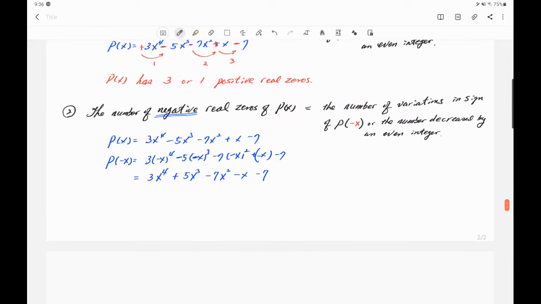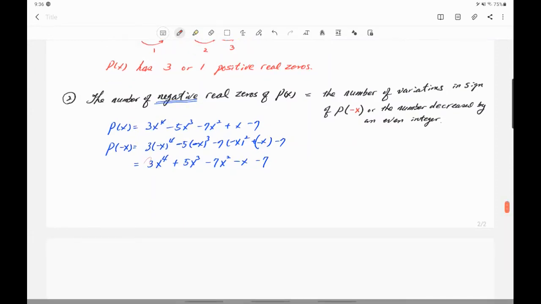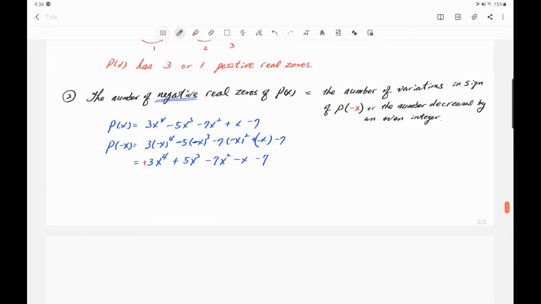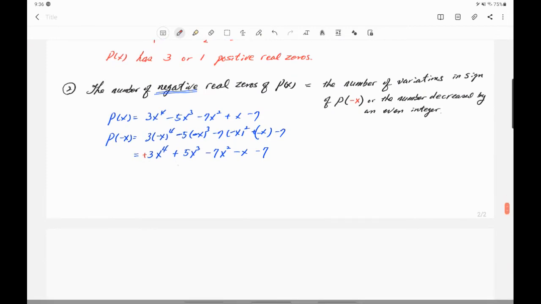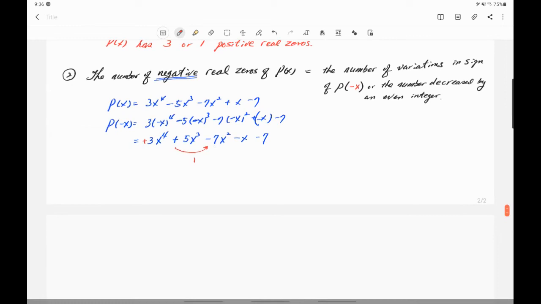So we just rewrote the polynomial by substituting negative x, and now let's count how many sign changes there are. This is positive, and positive to positive, there's no change in sign. From here to here, plus became minus, so there's a sign change. And negative to negative, there's nothing.